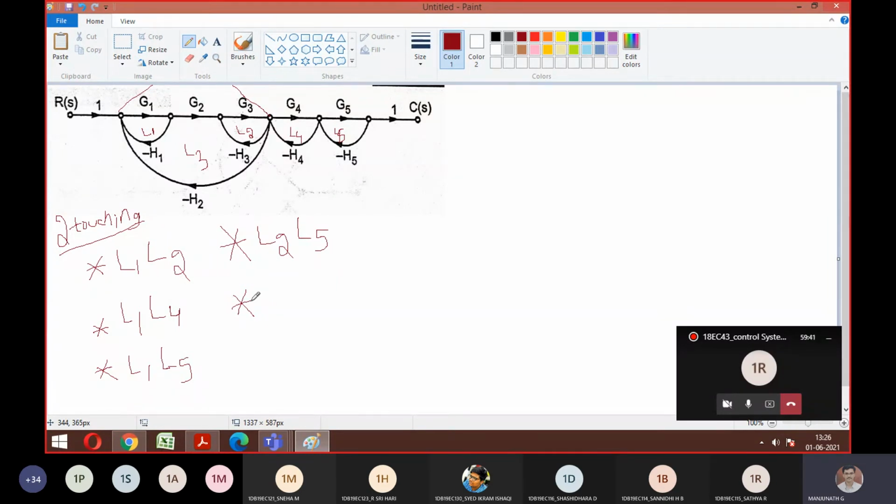Then we have finished the L2 category. If you go to L3, I can't compare L3 with L1. L3, L4 also not possible. L3, L5 is possible. Good. Yes, sir. L3, L5 is possible. See, don't make the combination L5, L3 once more. It's already done. It's a product, right? There is no difference. If you take L3, L5 or L5, L3, it's the same. So only this many possibilities are there. Yes, sir. Any other things left out, guys? Is it okay?